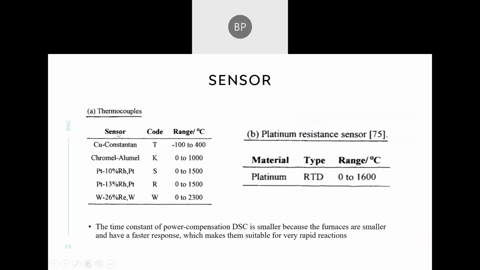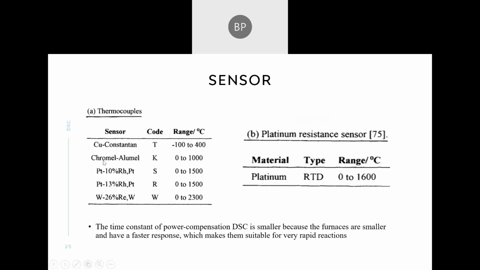Coming to the sensors, as I mentioned earlier, there are thermocouples and there is the platinum resistance sensor. In thermocouples, there are several types, like Cu-constantan, which has a range of minus 100 to 400 degrees Celsius, chromel-alumel, having a range of 0 to 1000 degrees Celsius, and platinum 10% rhodium. There are many such types of thermocouples.